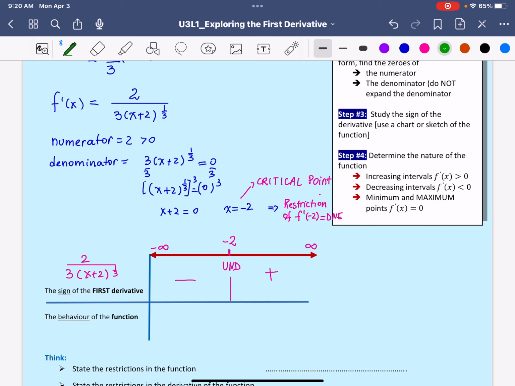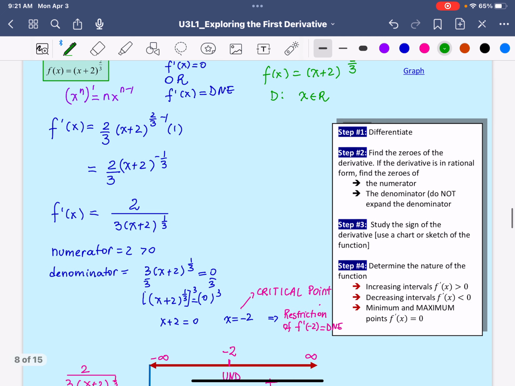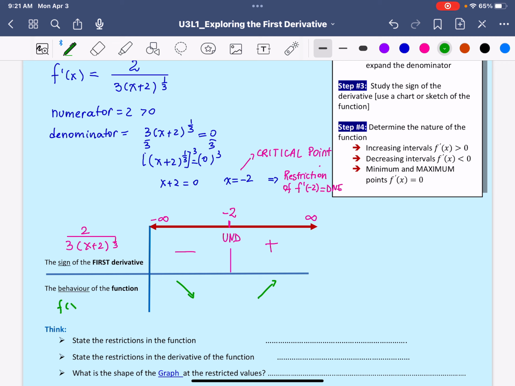So for the behavior of the function, we'll say that the function will be first decreasing and then increasing. The derivative is undefined. However, the function is not undefined. So the function is defined at x equals -2. And since the behavior is changing from decreasing to increasing, and the function is defined for any real number x, remember this is the function that we are discussing, (x plus 2) to the power of 2 over 3, then we'll say that the function will hit a minimum.